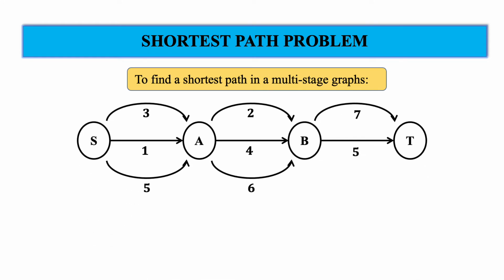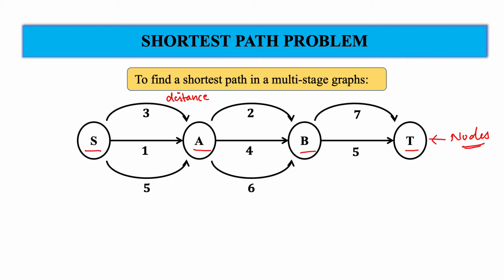We have 4 nodes: S, A, B and T. These are the nodes, or the cities or the stations, and the arcs indicate the distance from one stage to another.